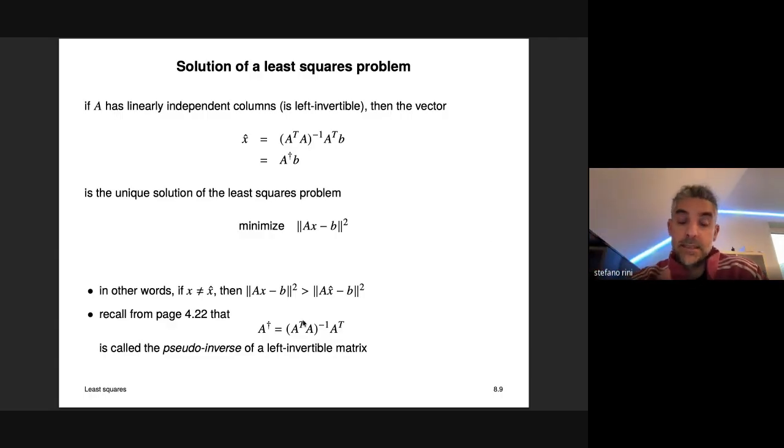It's a generalization of this. So remember, it's A transpose times A to the minus 1. A transpose A is a square matrix, and it's symmetric, so the inverse is always nice and well defined. Then you multiply it, and then this is the unique solution of our ||Ax - b||^2.